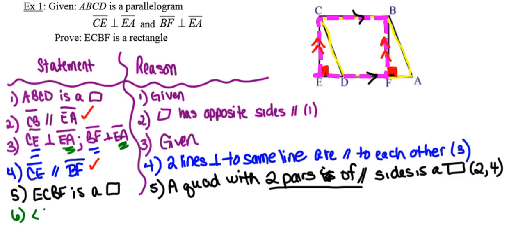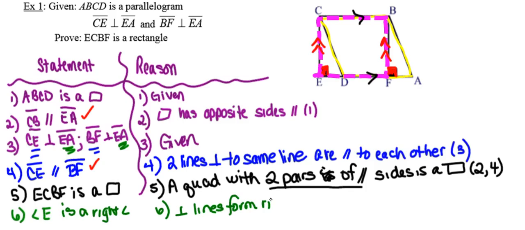I'm going to talk about angle E being a right angle. And that's because perpendicular lines make right angles. And I'll cite statement 3 where I discuss the perpendicular lines.